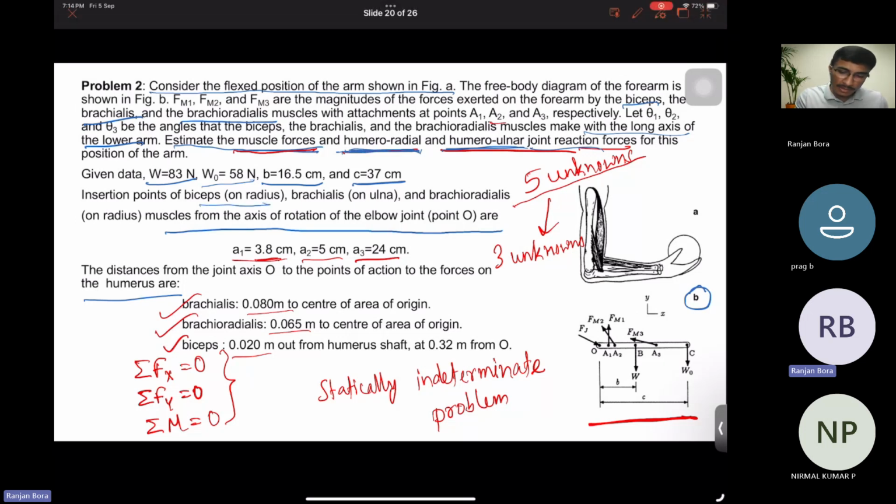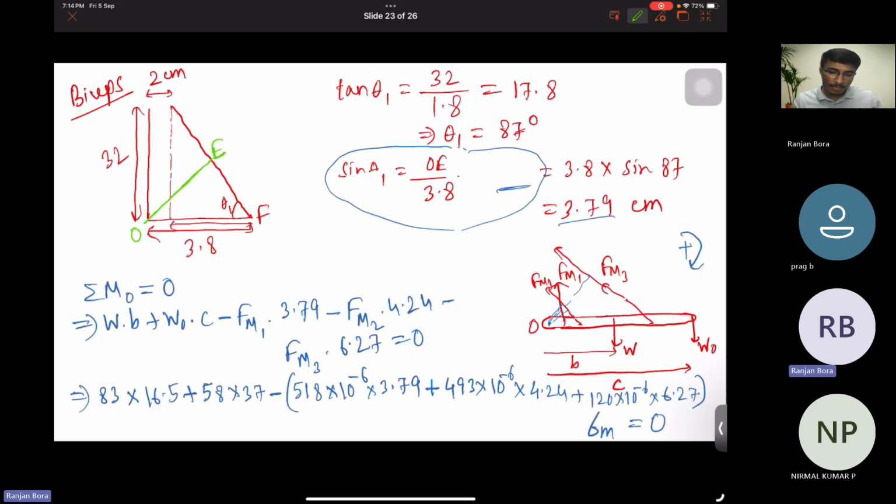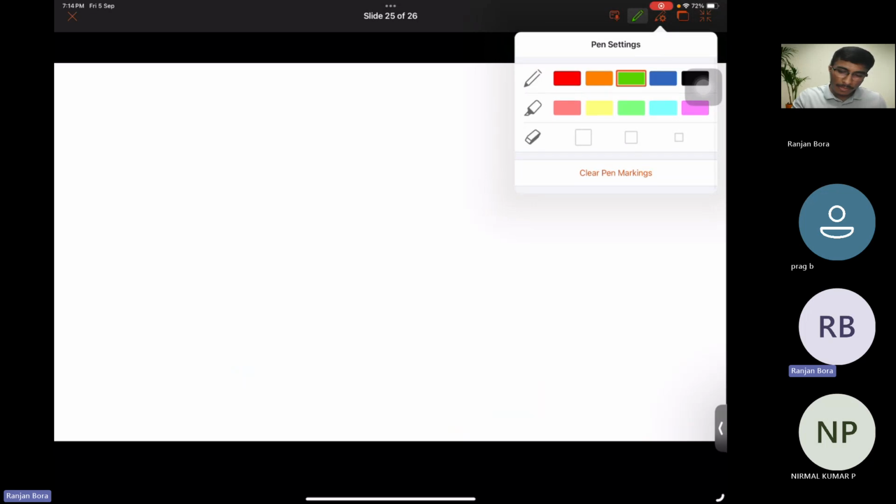So we'll consider only these two muscles, biceps and brachioradialis, because the brachialis muscle is not on the radius bone, it is only on the ulna bone. So for the humeroradial joint reaction force, we need to consider these two muscles, biceps and brachioradialis.